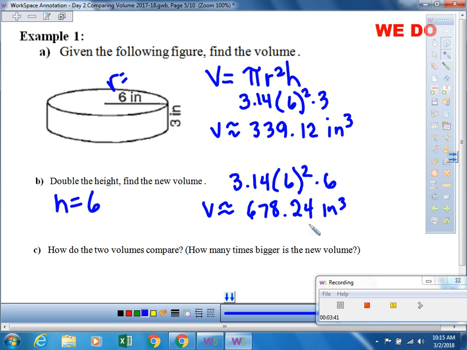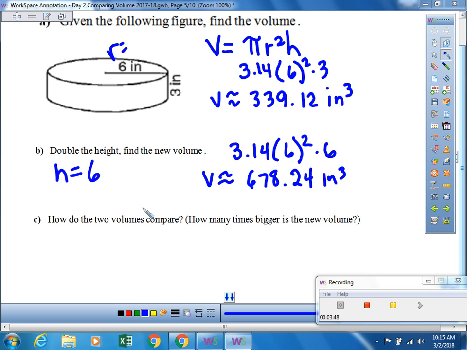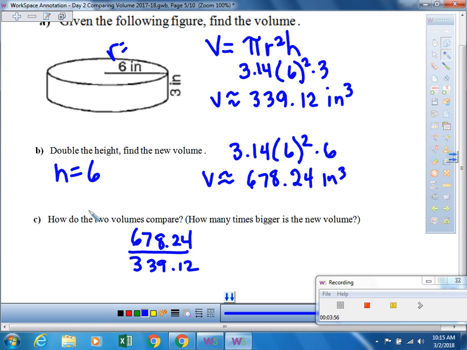So how does it compare? So you want to do 678.24 divided by 339.12. So the new volume divided by the old volume.